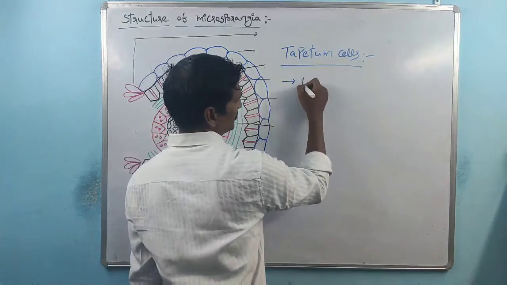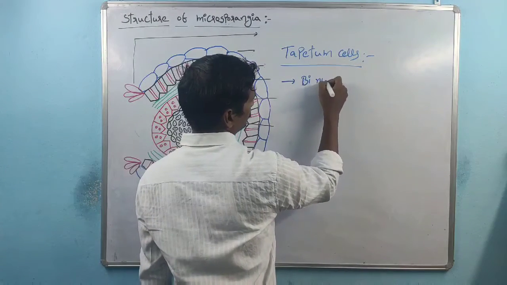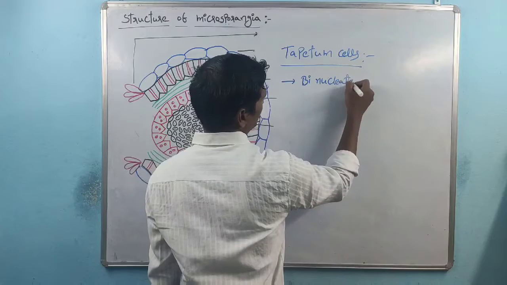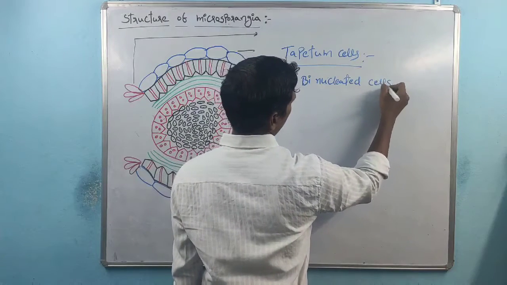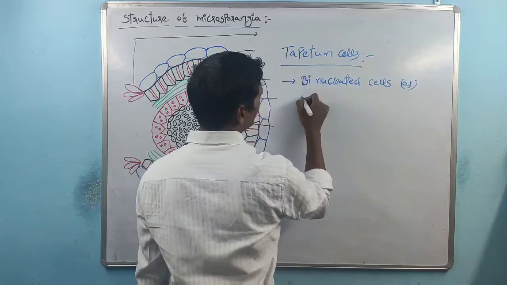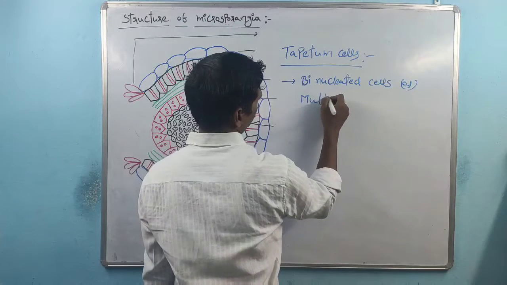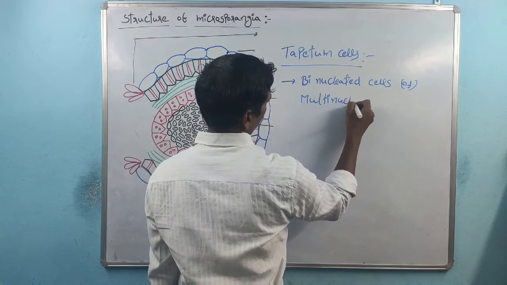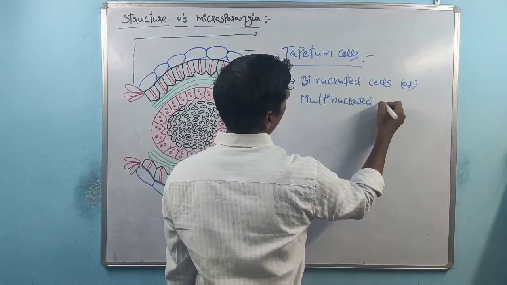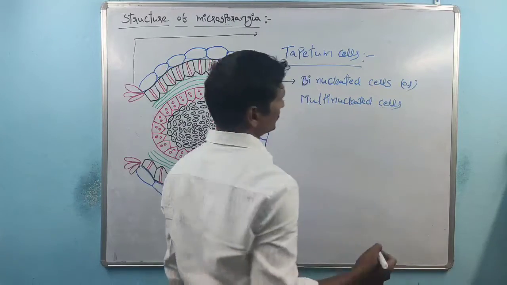These are binucleated cells or multinucleated cells.